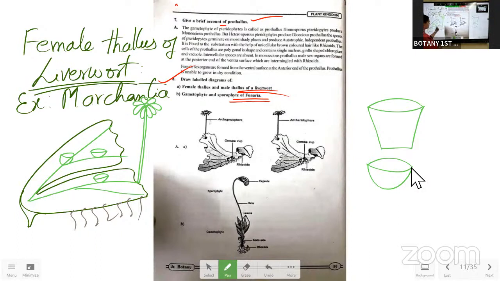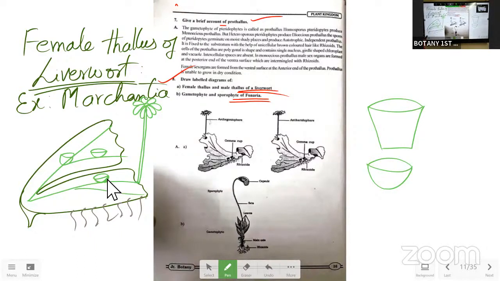But we cannot show that only the upper part is visible in the diagram, so we draw it as a cup-like structure on the midrib. Draw one or two cup-like structures, done. Simple diagram.